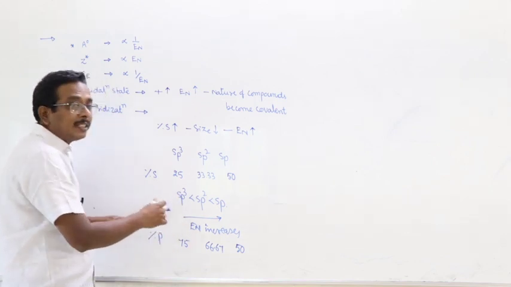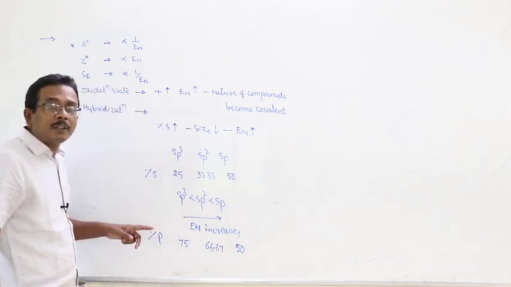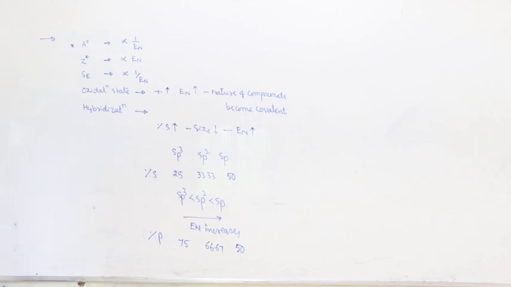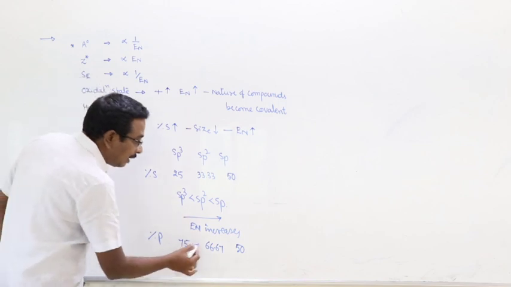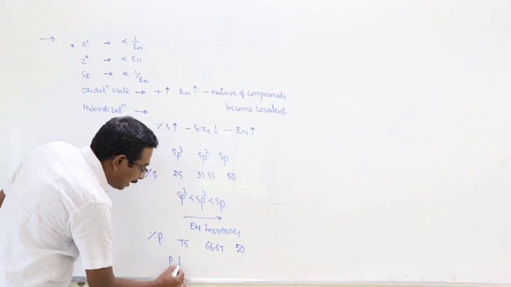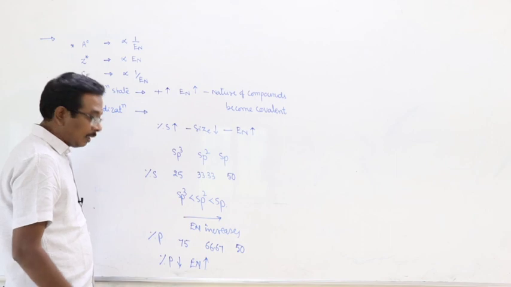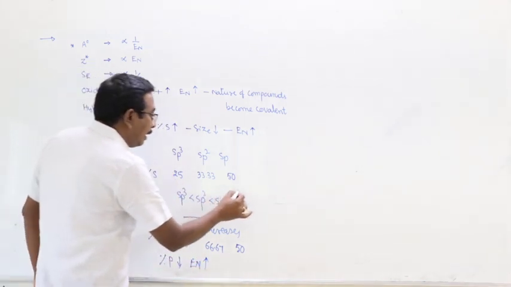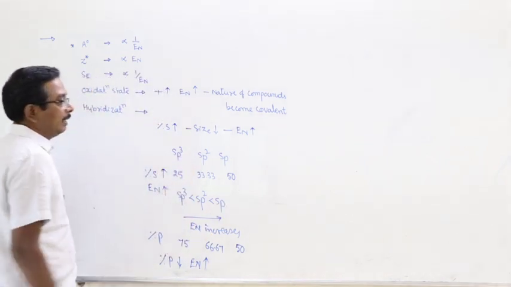With the decrease of the percentage of the p character, here the electronegativity gradually increases. 75, 66.6, 50. As p character decreases, electronegativity increases. Means inverse relation. Here, as percentage of s character increases, electronegativity increases.